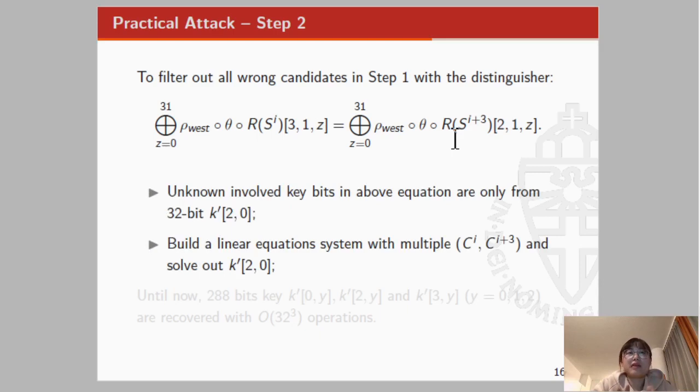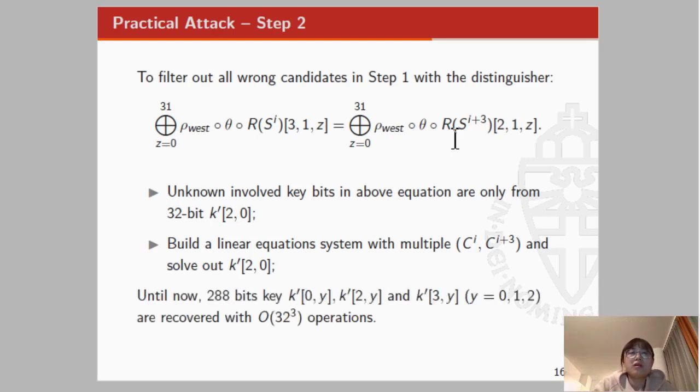And with many output pairs, we can build a linear equation system. And in this system, there are only 32 unknown bits involved. So we can solve the equation system by Gaussian elimination. Until now, 288 bits, k-bits are recovered.